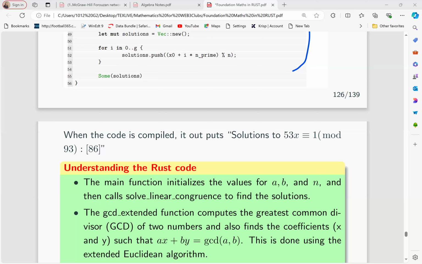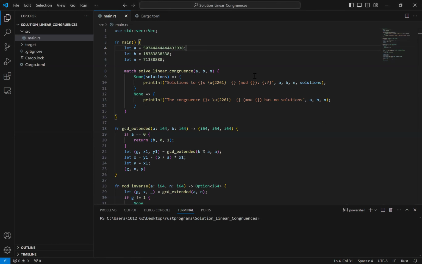Okay. So I can now share it. That is the code. Can you see it? Yes.